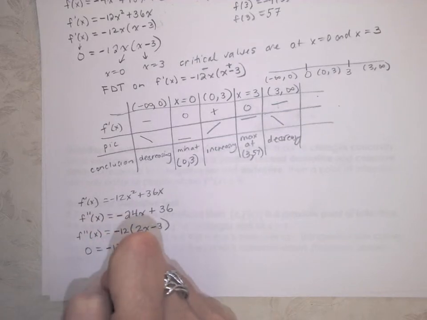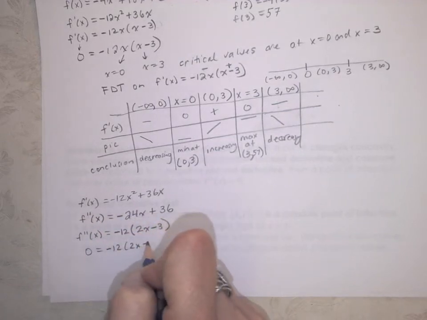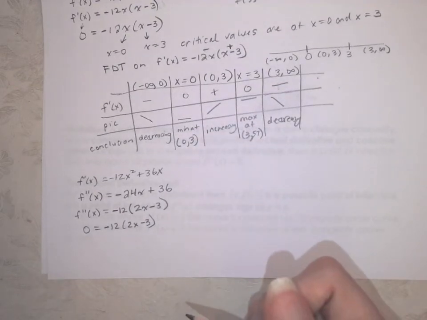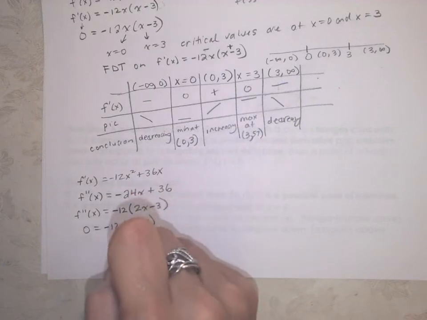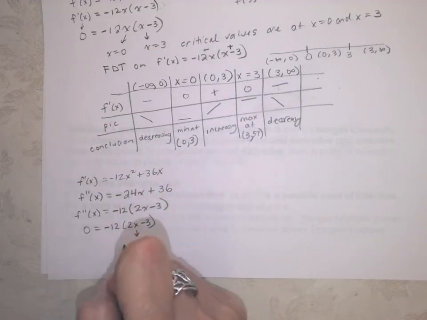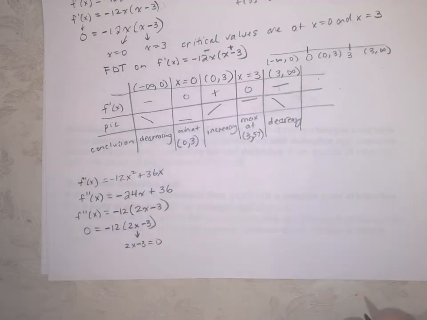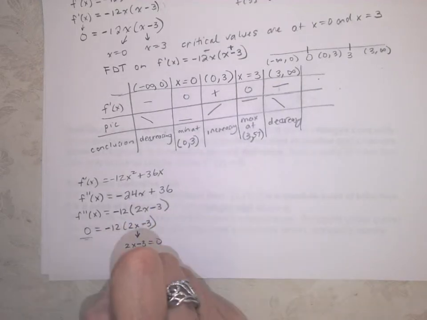So I can factor out negative 12, and that's going to give me 2x minus 3, set it equal to 0. And with the second derivative test, you're looking for where the second derivative is equal to 0, because that gives you possible points of inflection. So in this case, for this to equal 0, 2x minus 3 would have to equal 0, because negative 12 times 0 would be 0.